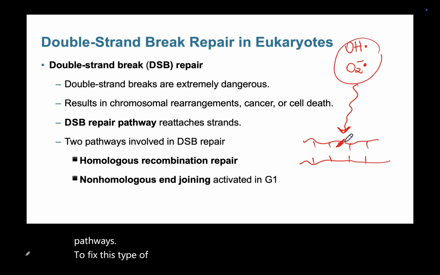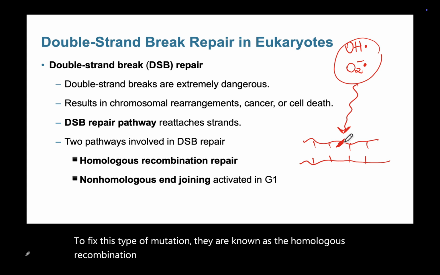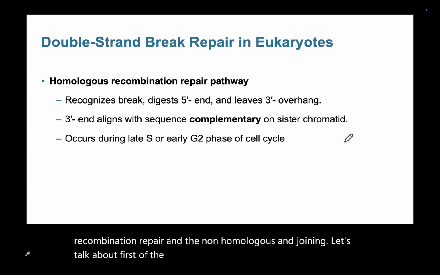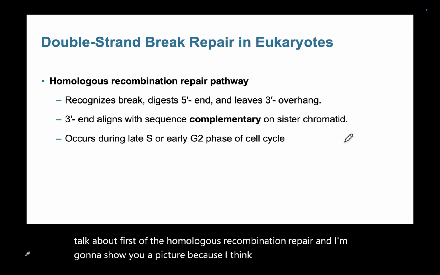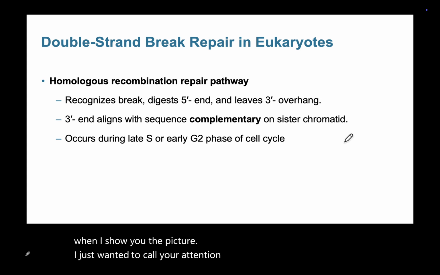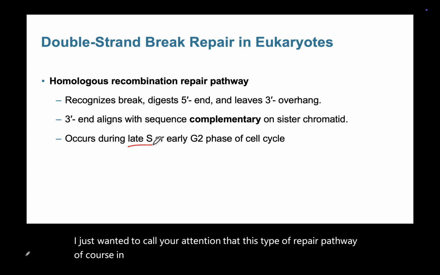They are known as the homologous recombination repair and the non-homologous end joining. Let's talk about first of the homologous recombination repair. And I'm going to show you a picture because I think it will make more sense when I show you the picture. I just wanted to call your attention that this type of repair pathway occurs in the late S phase or early G2 phase of the cell cycle.